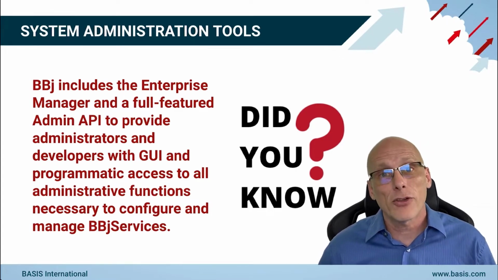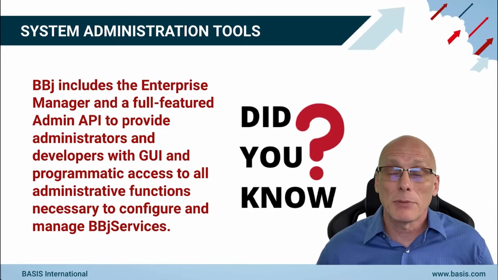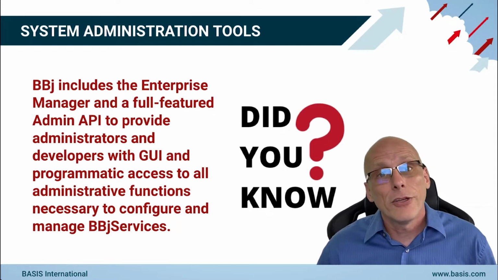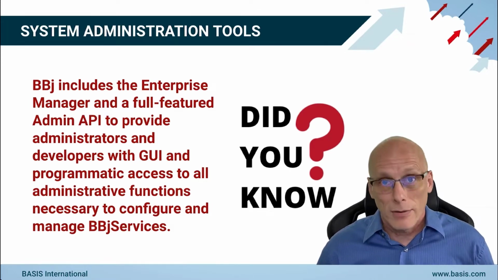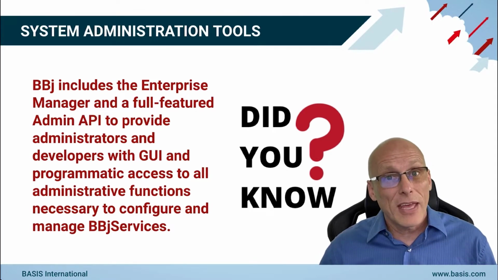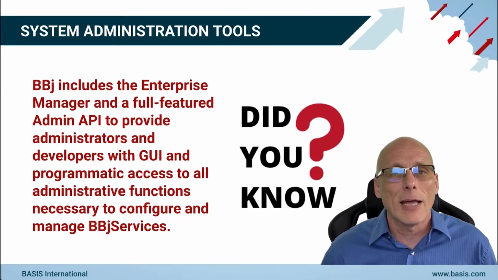So if you see functionality in the Enterprise Manager and think that you'd like to build that into your application or do that in some way programmatically, you can be assured that you can do that using the Admin API. We're not going to go into details with the Admin API, but I wanted to highlight that important point because a lot of people don't realize that.